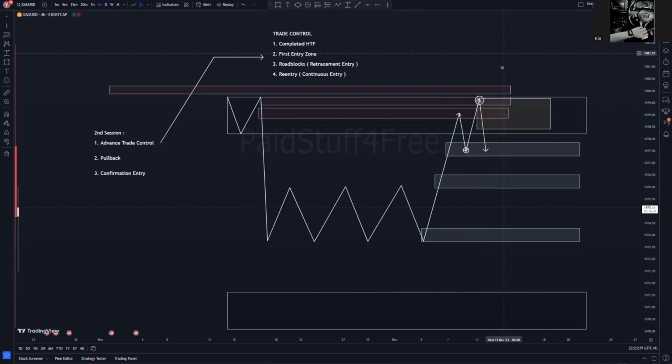After the price created the confirmation entry somewhere here, the question is, can we take a buy on this roadblock? Can we or can't we? Can, but better to wait for sell.